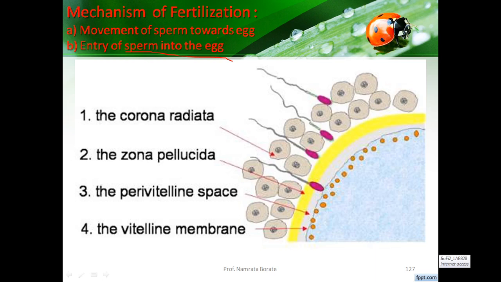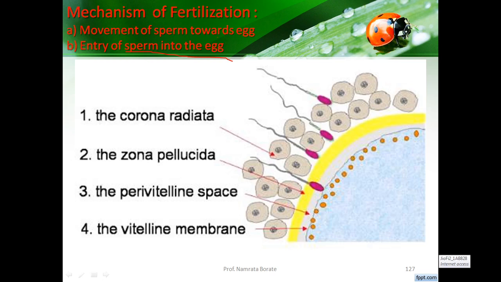F.R. Lillie proposed the fertilization theory in 1914, which is based on the sea urchin, an echinoderm. This point we already studied in the 11th standard.